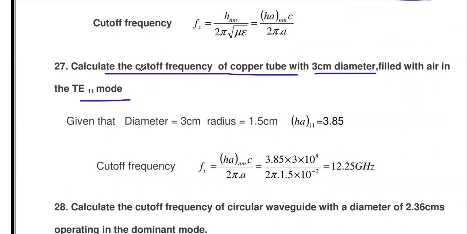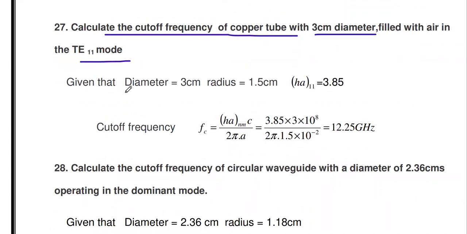We have to calculate the cutoff frequency. In order to find the cutoff frequency, we want the radius, a. Radius is half of the diameter, so 3 by 2, 1.5 centimeter. Convert this 1.5 centimeter into meter: 1.5 into 10 to the power minus 2.